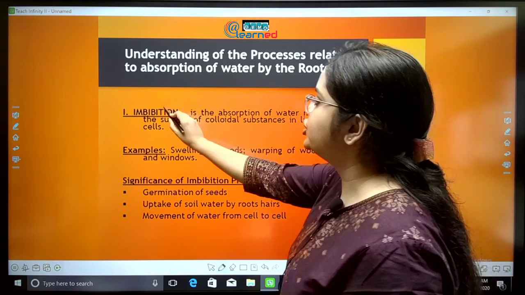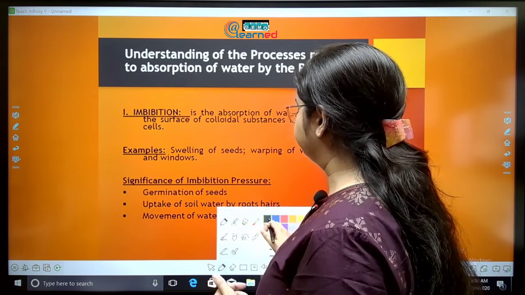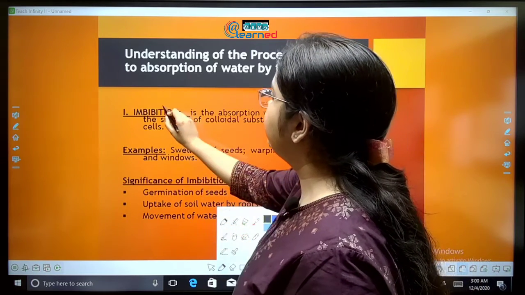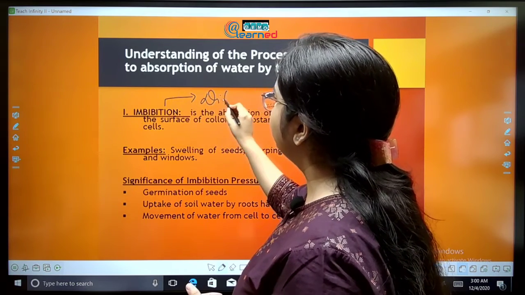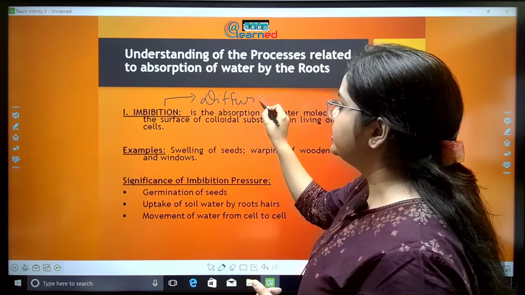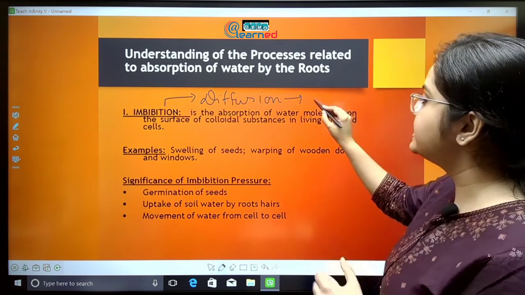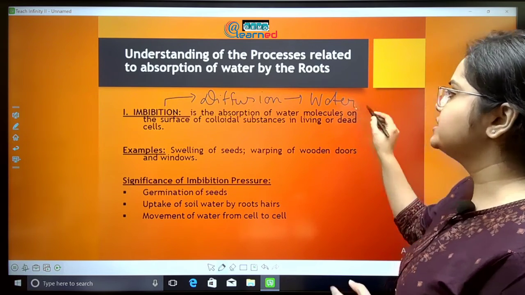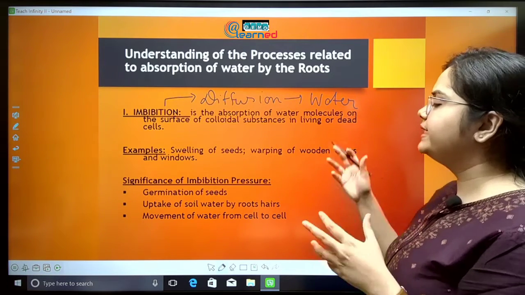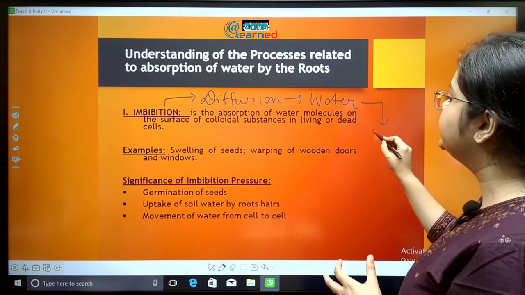Now, imbibition is a type of diffusion in which the root cells are absorbing water. Cells of the roots, cells of the stems, any cell living or dead, they are absorbing water, and as a result of it, they are increasing.